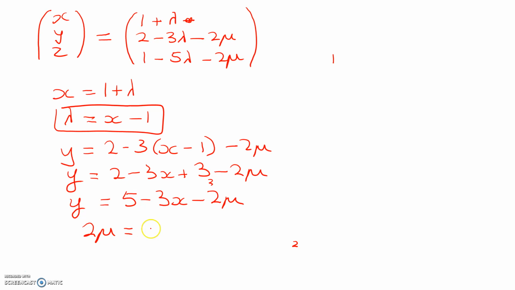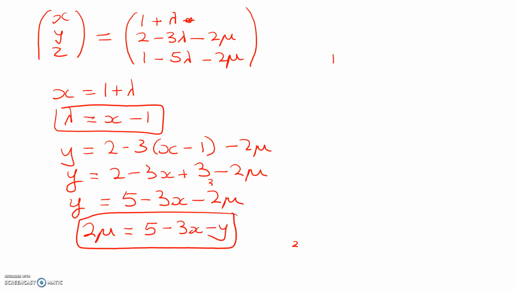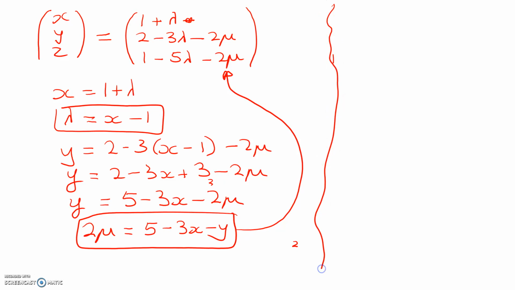And what will that give me? It'll give me 5 minus 3x minus y. Okay, I haven't bothered to go on and get mu because I can see that in my z equation I need 2 mu anyway. So let's do the last one.